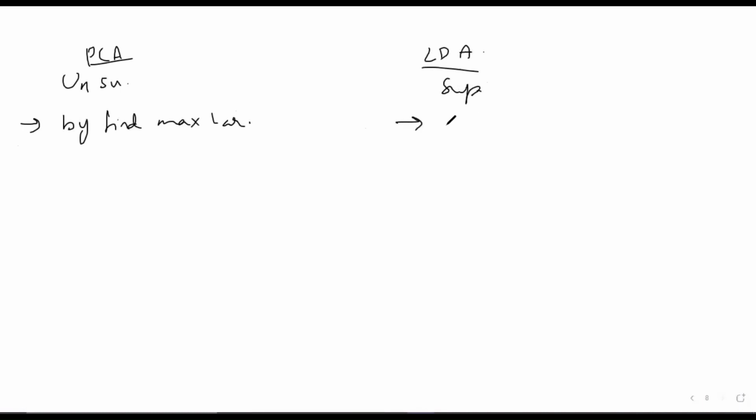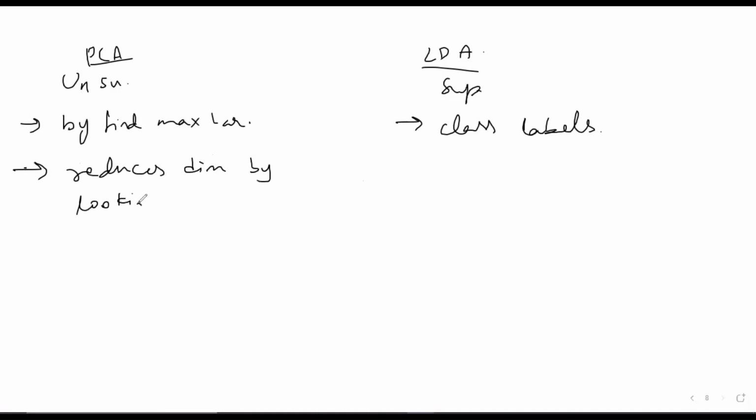LDA involves class labels to reduce the number of dimensions. Next, PCA reduces dimensions by looking at the correlation between the features.